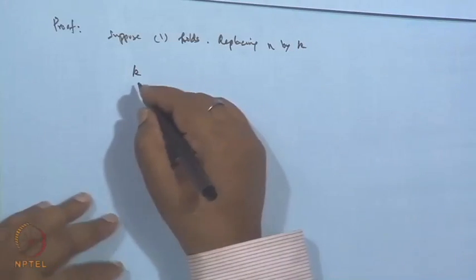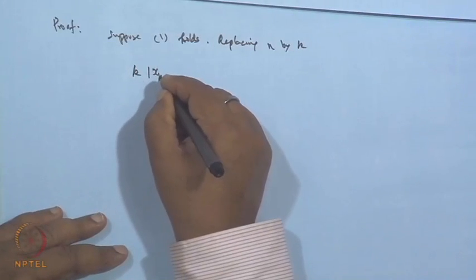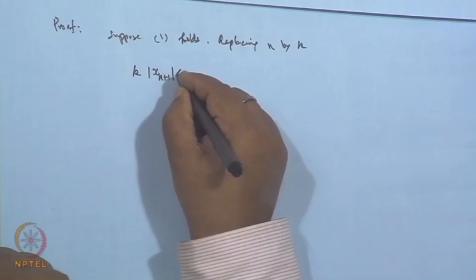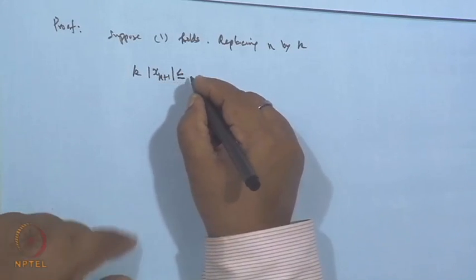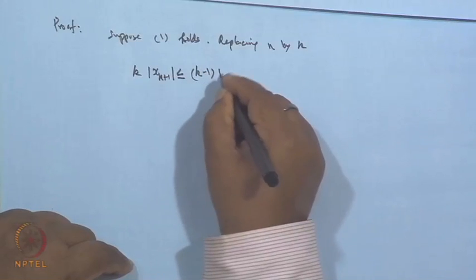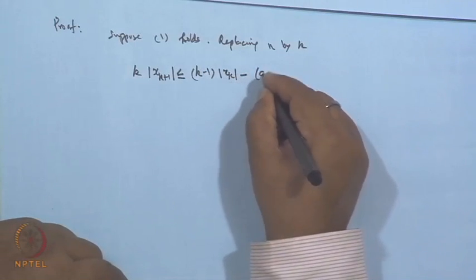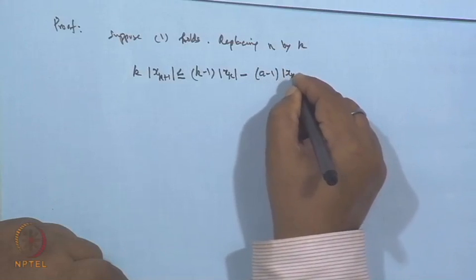Then we get k into |x_(k+1)| less than or equal to (k minus a) into |x_k|.